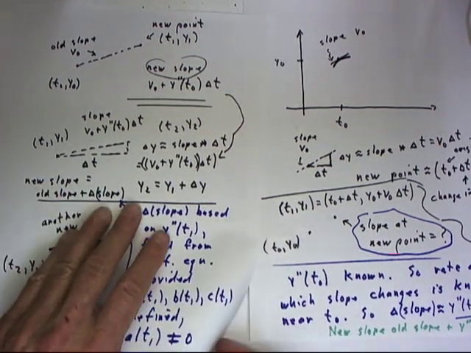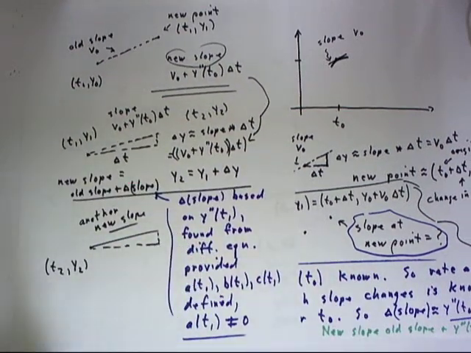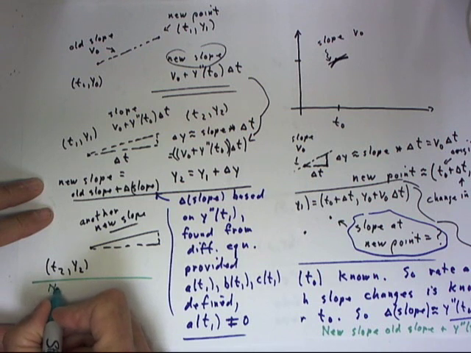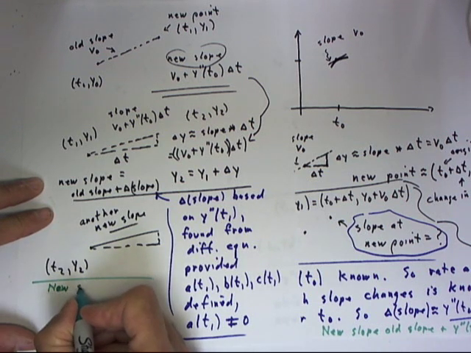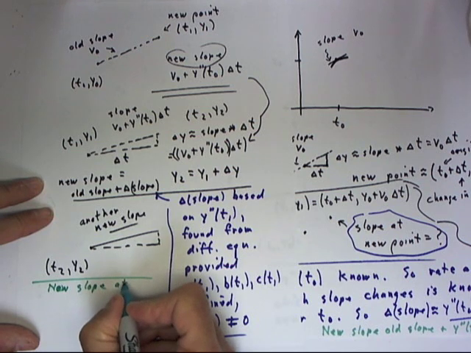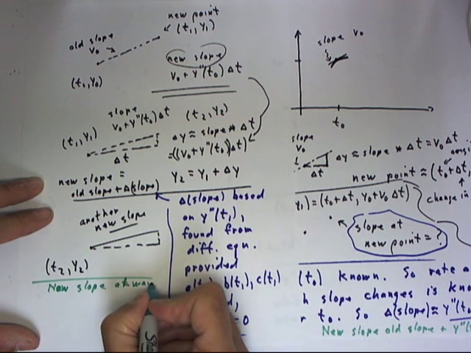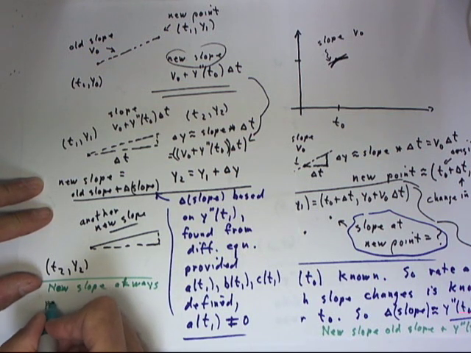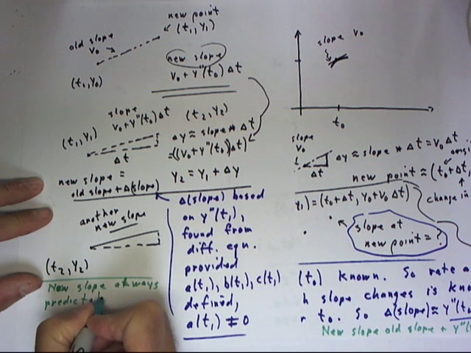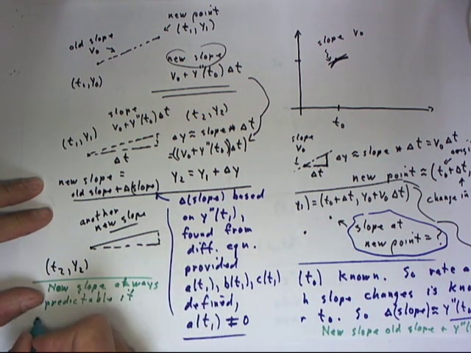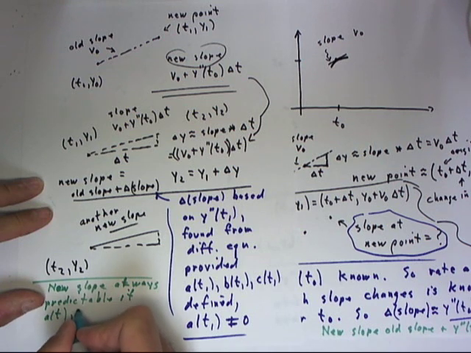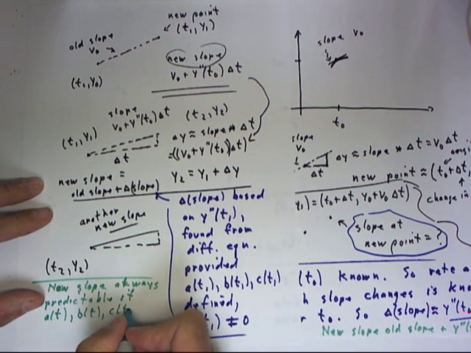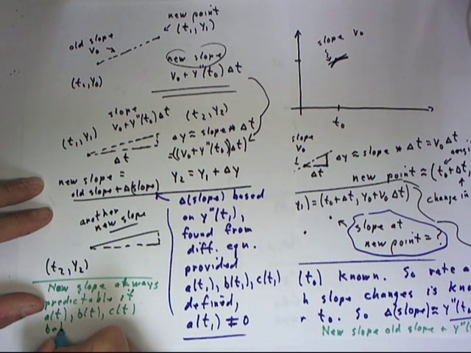And make the statement that our new slope is always predictable if our functions a of t, b of t, and c of t behave themselves.